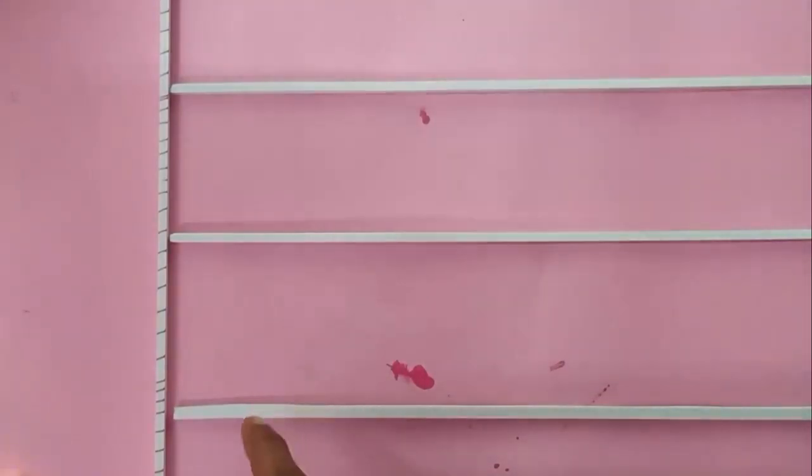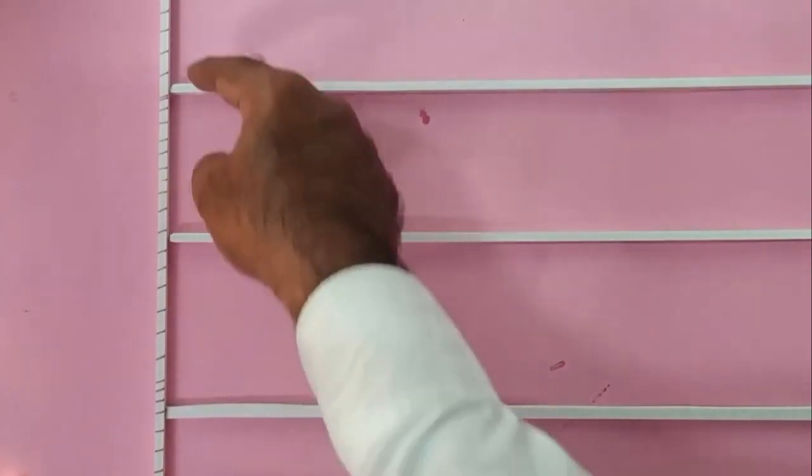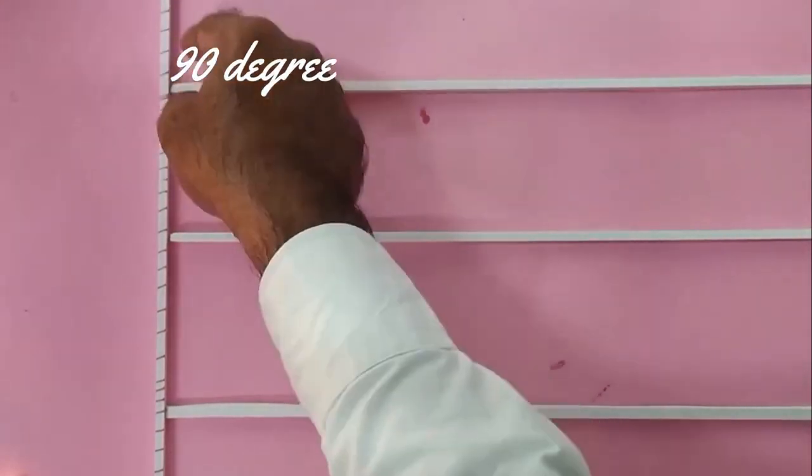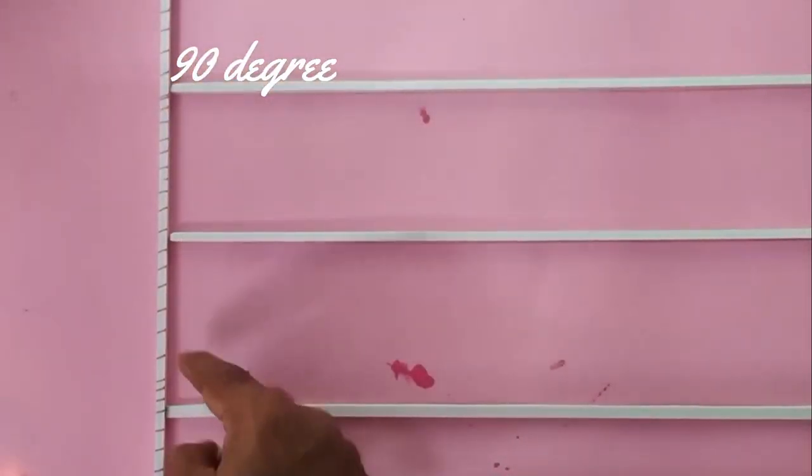Each of these lights will reflect back because they have fallen on this plane mirror at 90 degrees. So when the light ray falls at 90 degrees on this plane mirror, it reflects back.